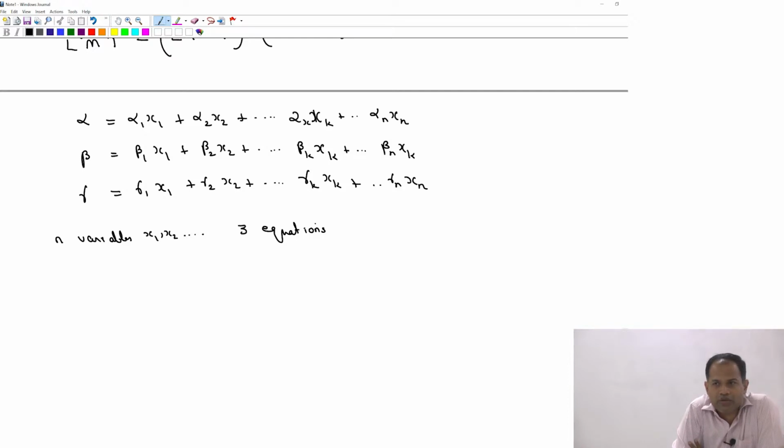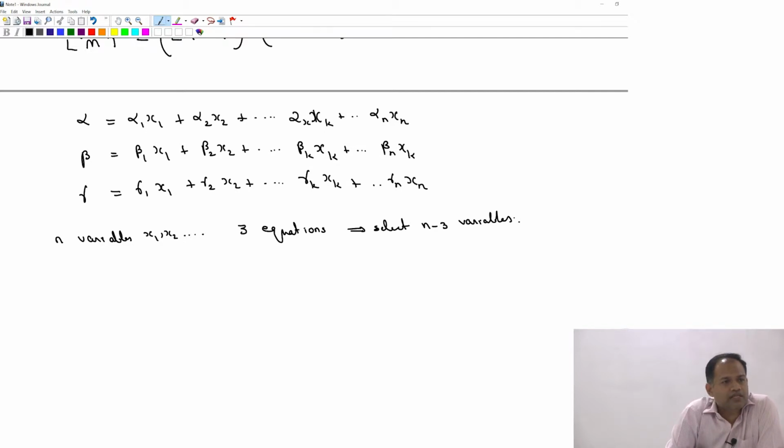I have got linear equations which has got n variables in it, but only 3 equations, so I can select n minus 3 variables and the rest of them basically get fixed, correct? So that means I would be able to select n minus 3 variables.